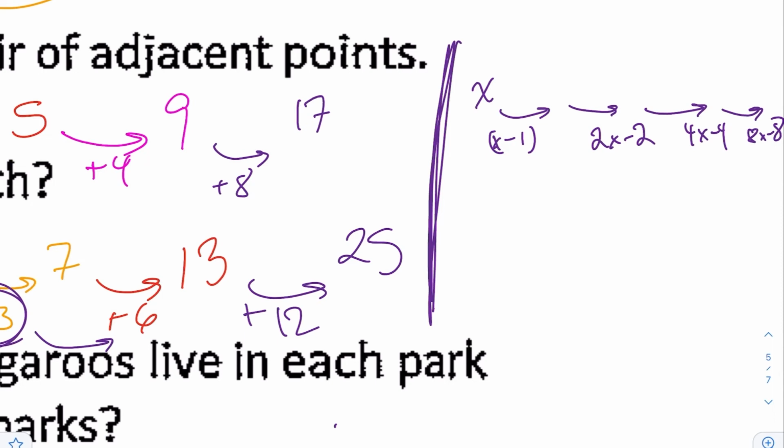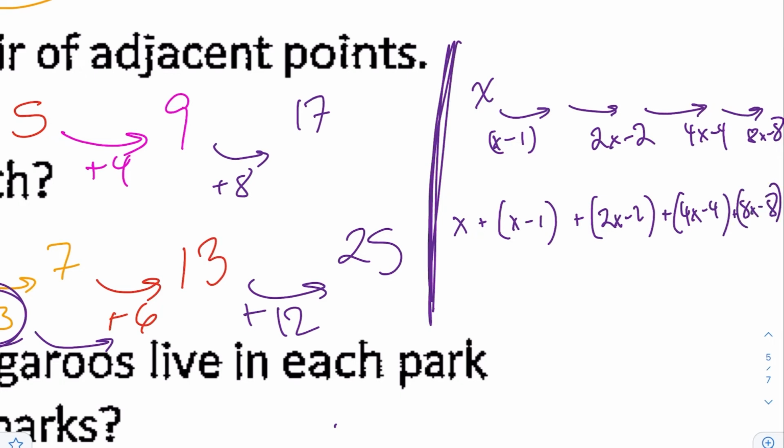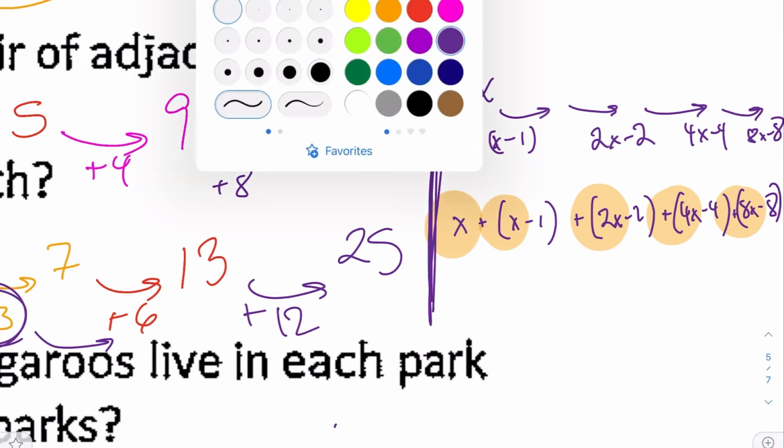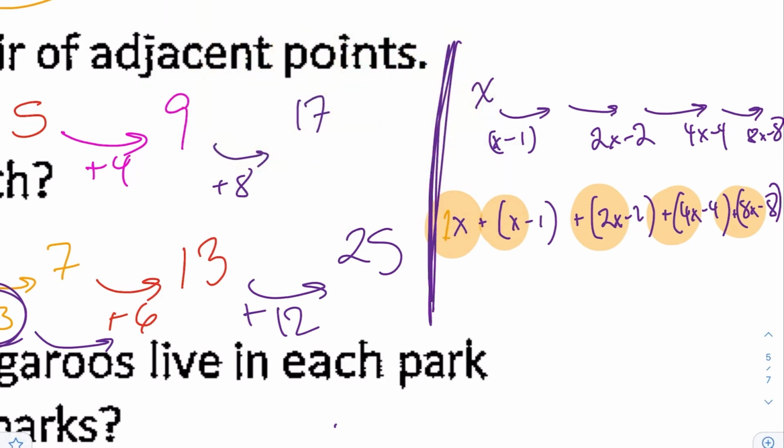So if you add all the expressions, you have x plus x minus 1, plus 2x minus 2, plus 4x minus 4, plus 8x minus 8. Here you can combine like terms. You have the x plus x, 2x, 4x, and 8x. Remember, the first x has an invisible coefficient of 1.